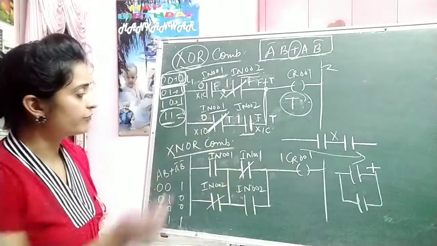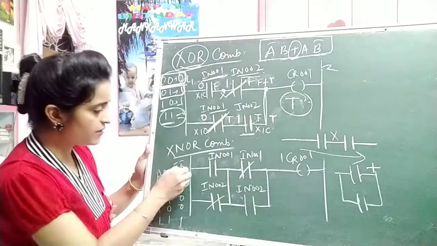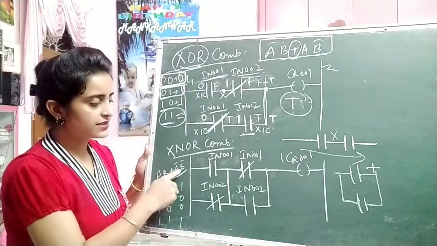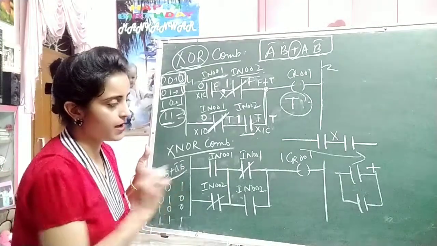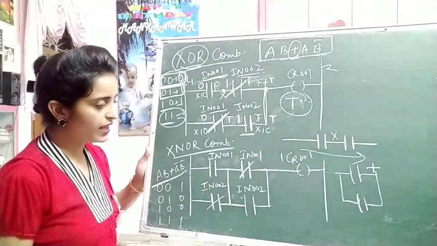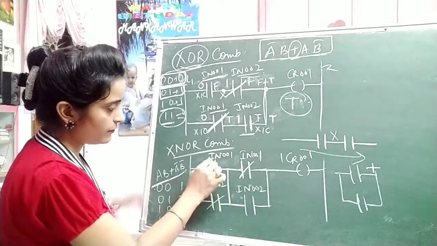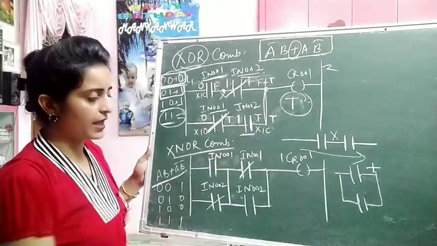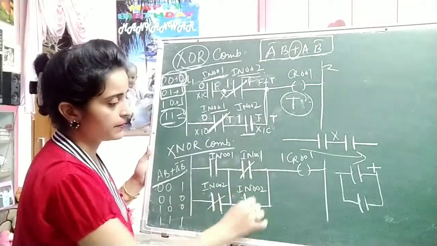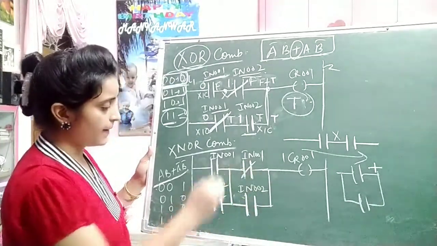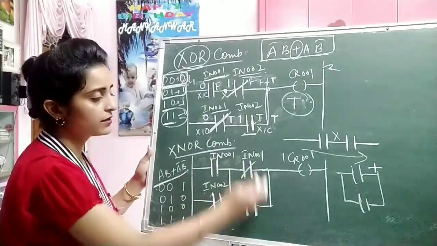And similarly, if we talk about the XNOR combination, then we all know that XNOR means AB plus A bar B bar. So what we have done here is, we are using A and B and A bar B bar, connecting it like in this connection.